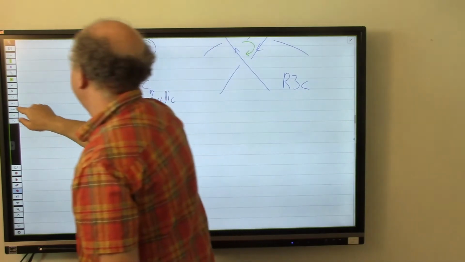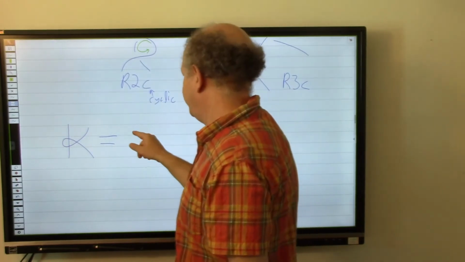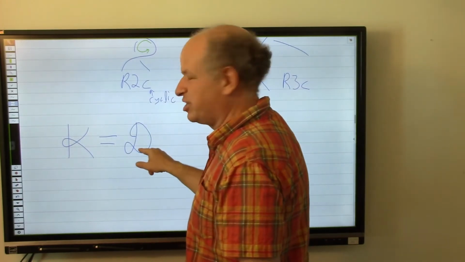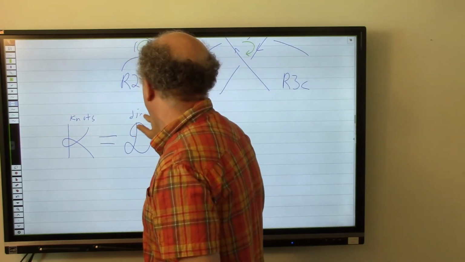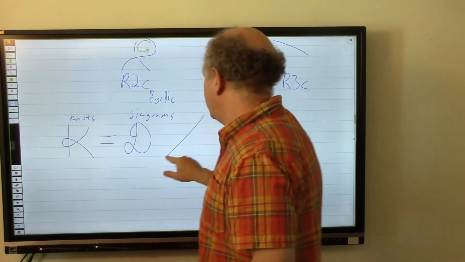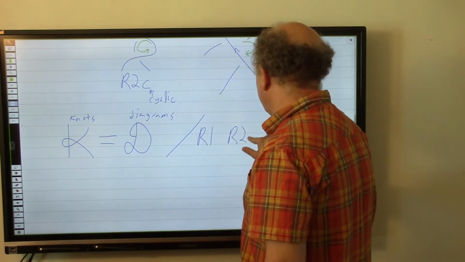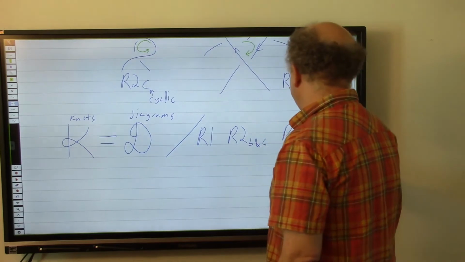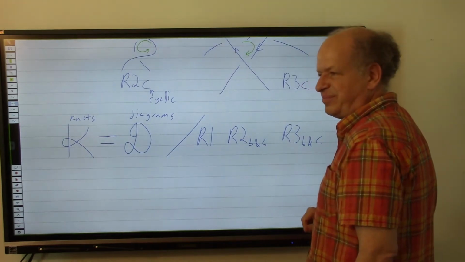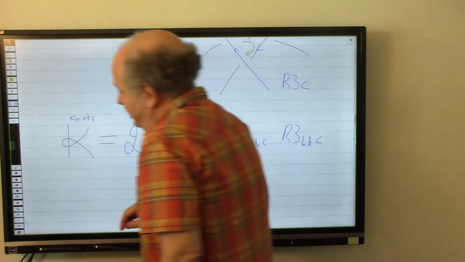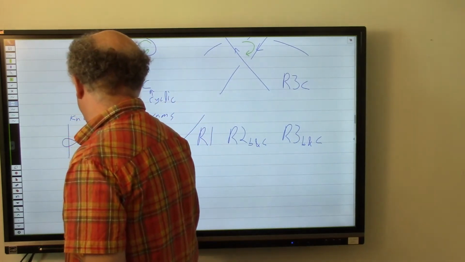Okay, so what is knot theory? The space of all knots is equal to the space of all knot diagrams, I mean, in fact all knots and links, modulo Reidemeister 1, Reidemeister 2, B and C, and Reidemeister 3, B and C. Okay? But now I can define a new space, K prime.